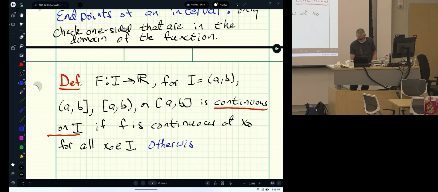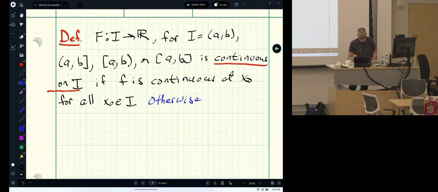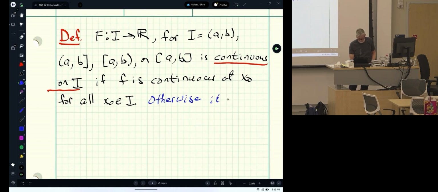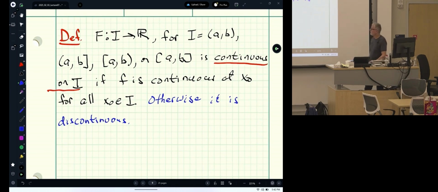So it only takes one point to make a function discontinuous, okay? Because it has to be every single point for it to be continuous. Discontinuous. Boom.